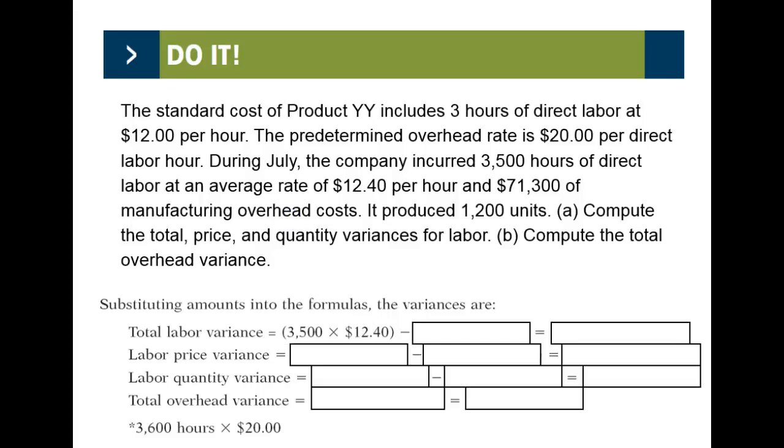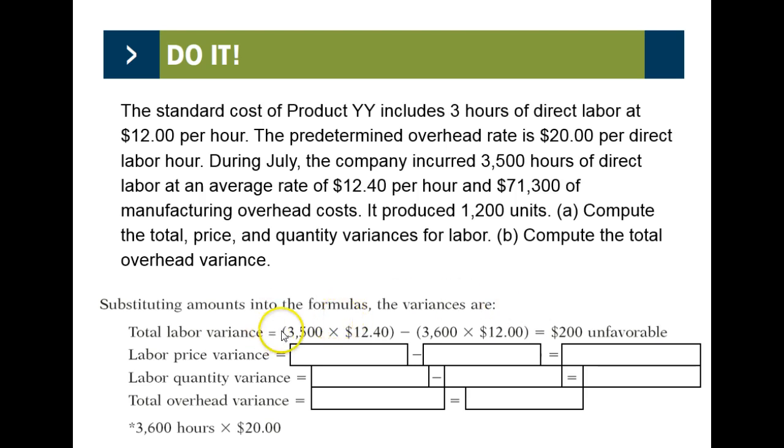We've got here total labor variances, 3,500 direct labor hours. This is actual times actual, right? Actual hours, actual rate, minus our standard hours times our standard rate. We anticipated 3,600 hours at the standard cost, which gives us an unfavorable variance.